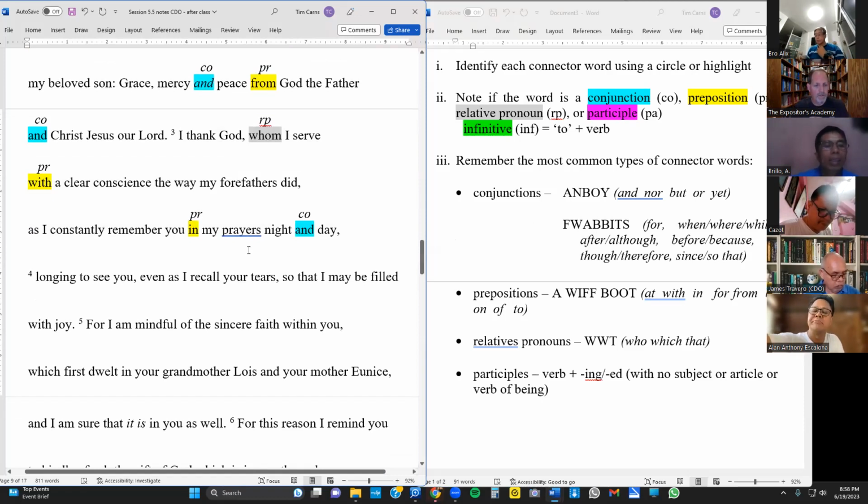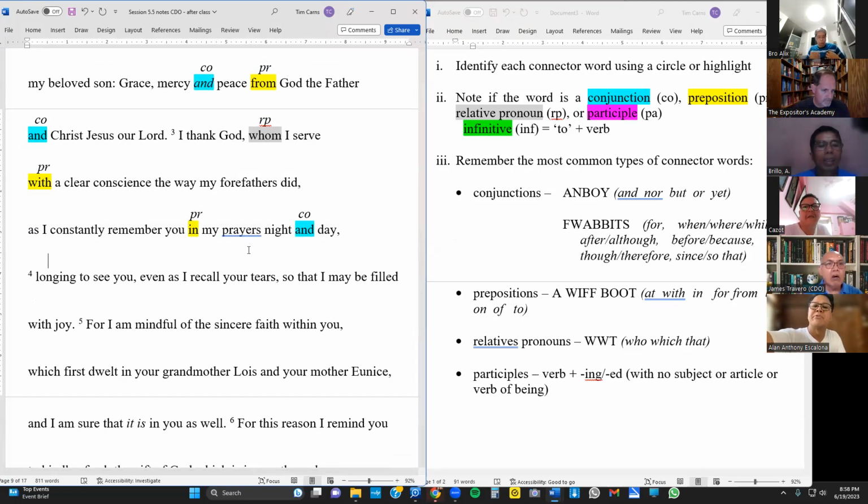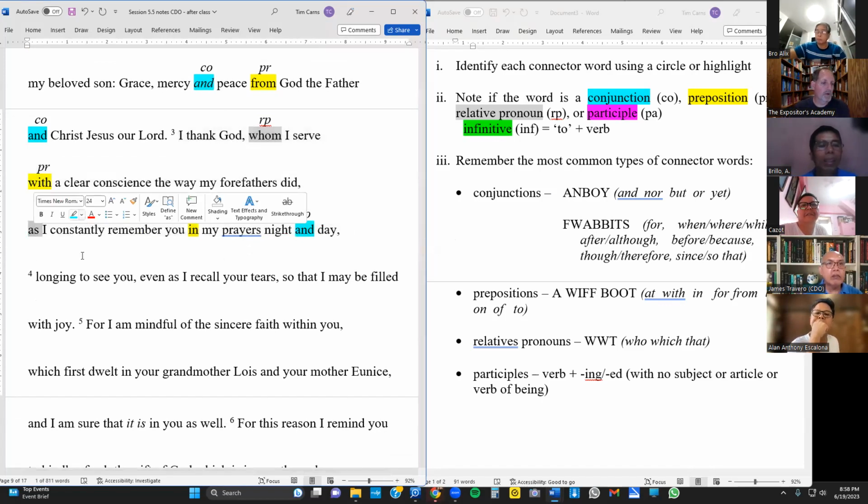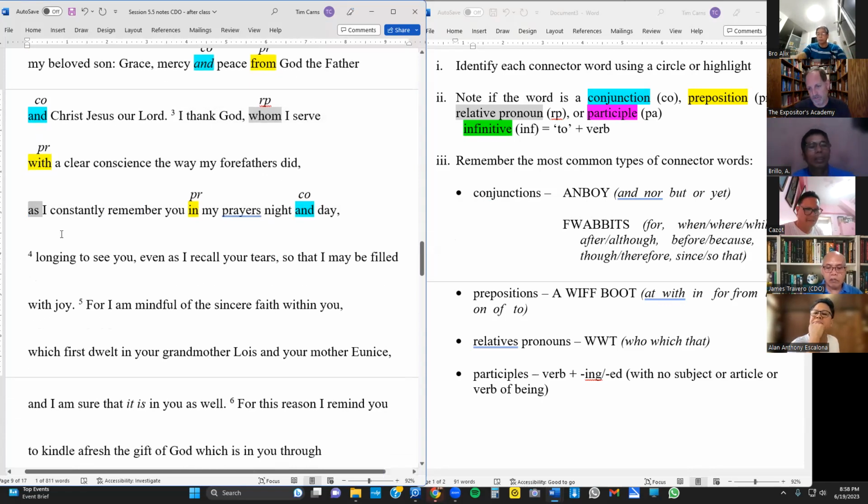I see one more connector word. Just in verse 3. "As." Yes, "as." Very good. What kind of connector word is "as"? Conjunction. Very good.